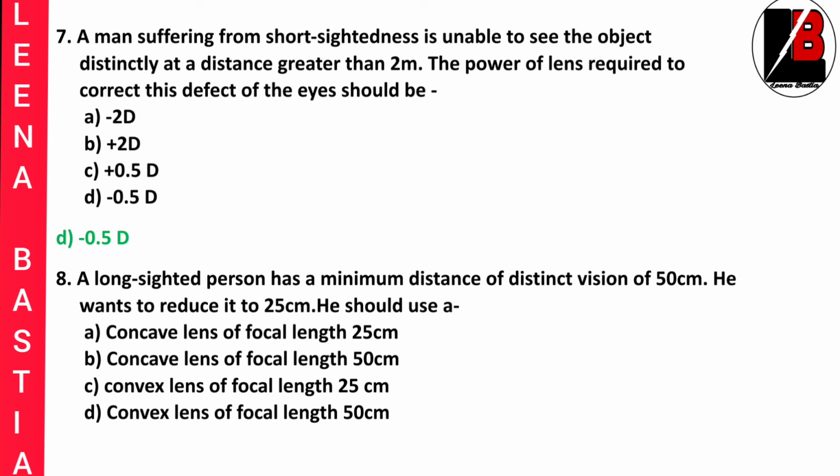Again, long-sighted person of minimum distance of distinct vision is 50 centimeter. That means what? What you have to write? It is clearly written in the question. So your answer will be D, that is convex lens of focal length 50 centimeter.